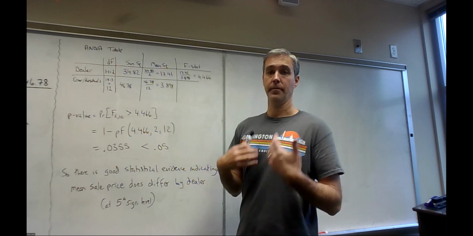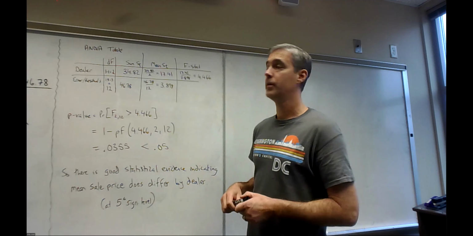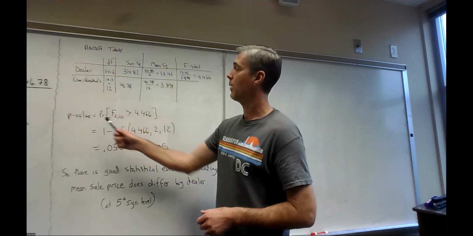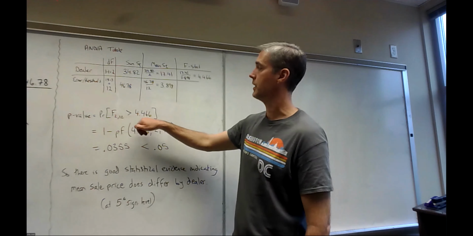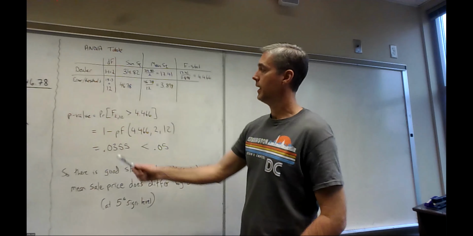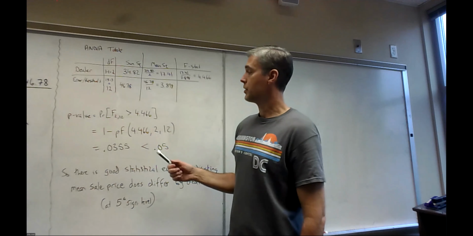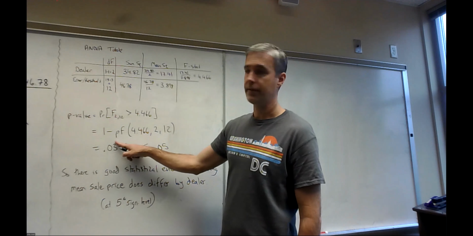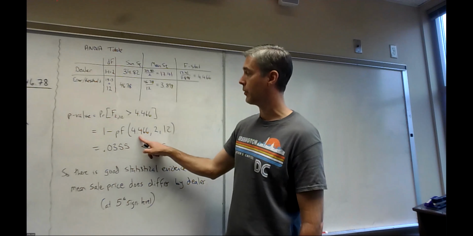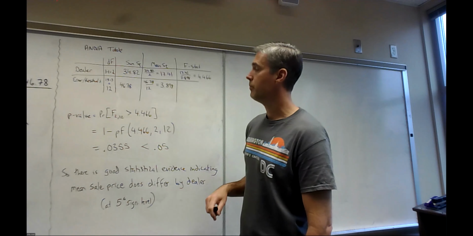So now I need a p-value. I've got my F statistic, my test statistic. I'm looking for the probability that an F distribution with 2, 12 degrees of freedom exceeds 4.466. Here is the individual R command. I'm going to take the CDF, that's the letter P, the CDF of an F distribution evaluated at 4.466 with 2 and 12 degrees of freedom.